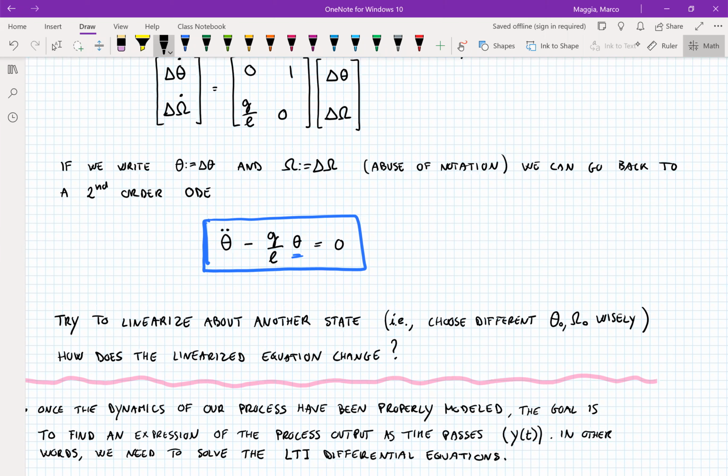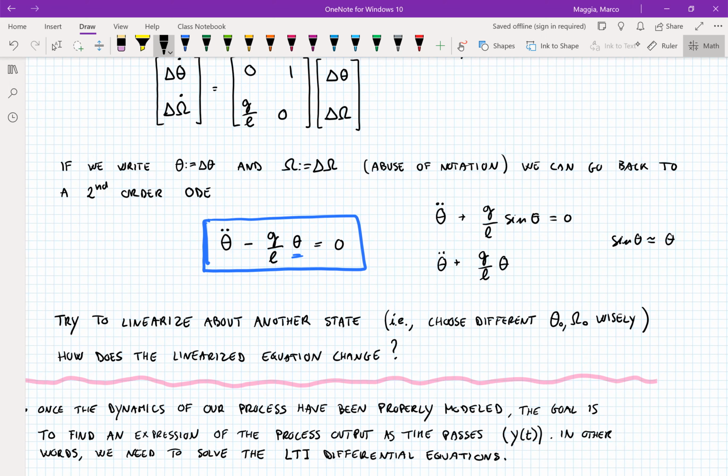Perhaps some of you, starting from the original equation, which was this one, let me write it again, would have said, oh okay, because you were taught this way, the linearization is simply theta double dot plus g over L sine of theta, and for small angles sine of theta is equal to theta.